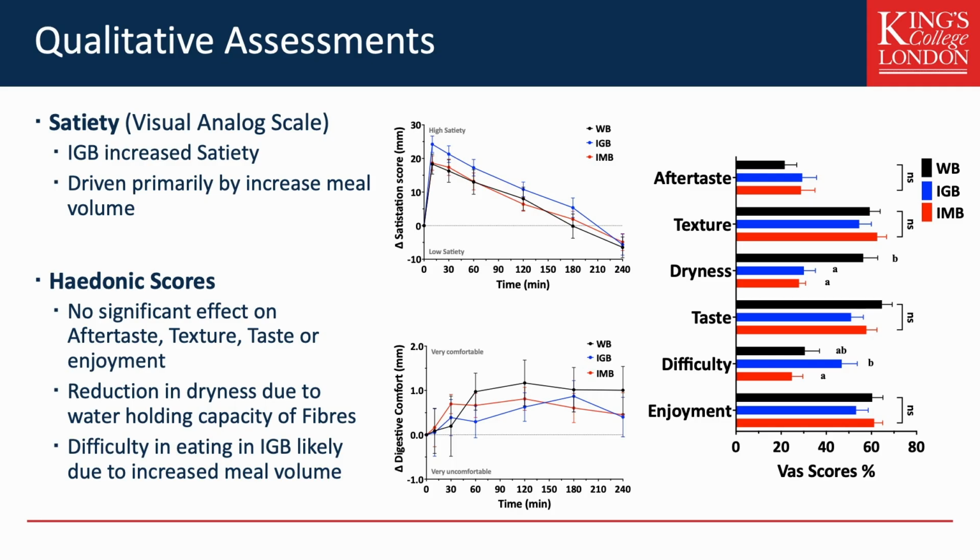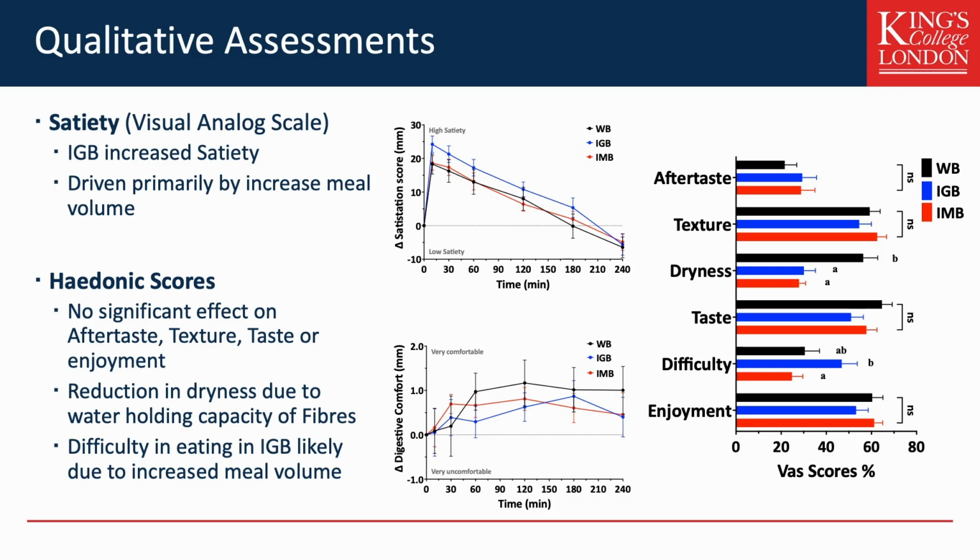What's quite interesting is that for the hedonic scores, where we asked the participants what they felt about the consumption of the meal, we saw no significant effects of aftertaste, texture, or taste and enjoyment. That's important for the chickpea because the beany flavour that you normally get with a lot of legume products was not a particular problem in this case.